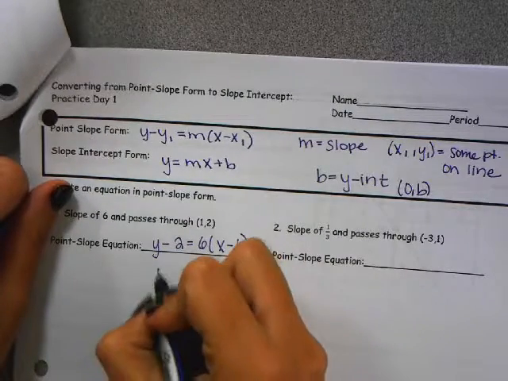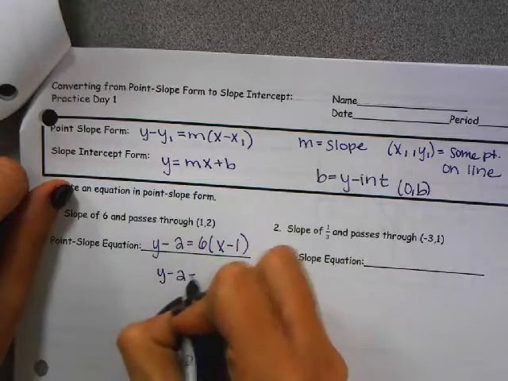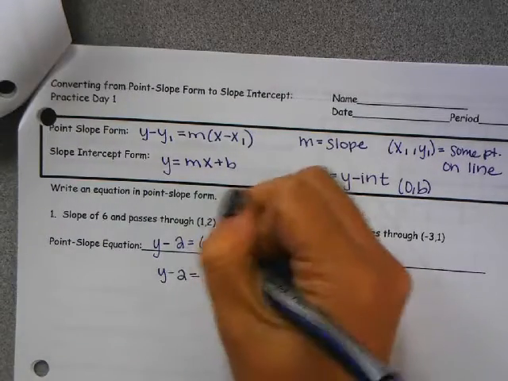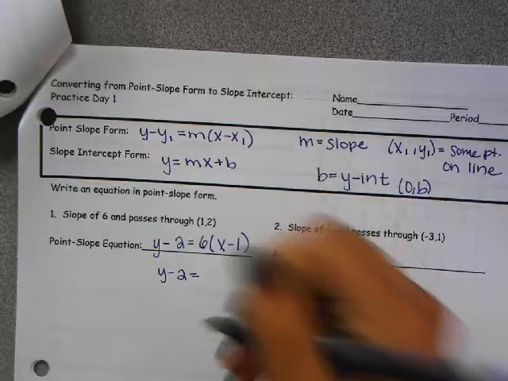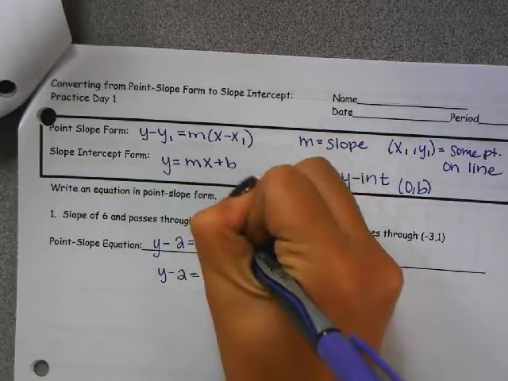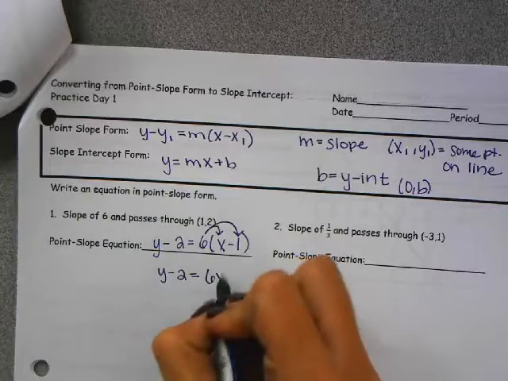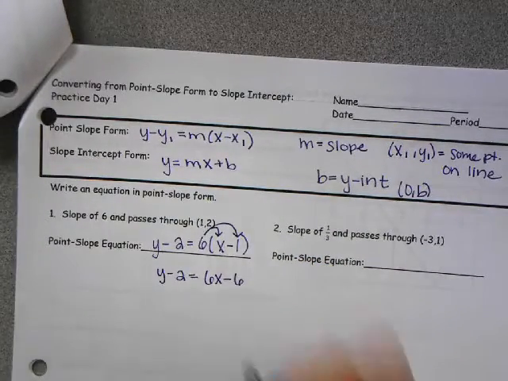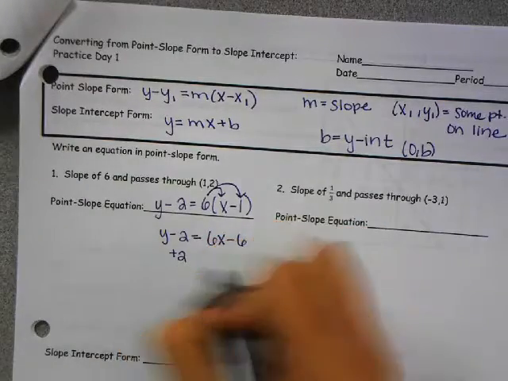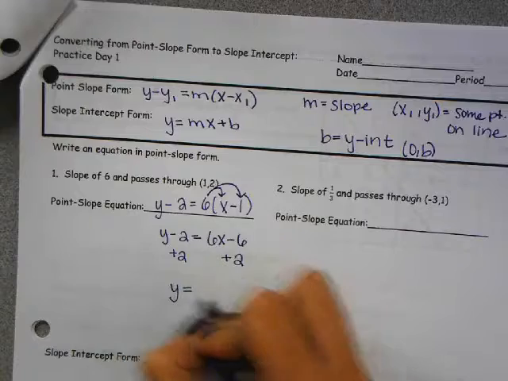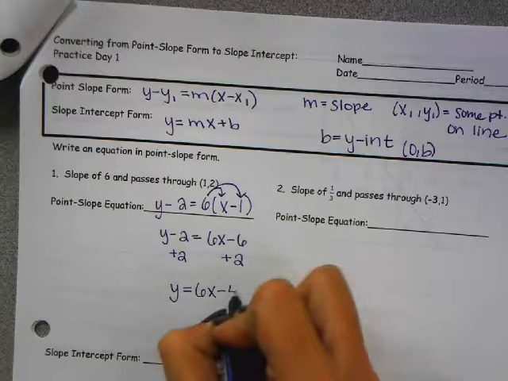So now, to get it into slope-intercept form, what I have to do is start shifting this around so that it will equal y equals mx plus b. So I am going to distribute this 6. So I'll get 6x minus 6. Okay, so it's starting to look better. I'm going to add 2 to both sides because remember I wanted to do y equals, so I get y equals 6x minus 4.